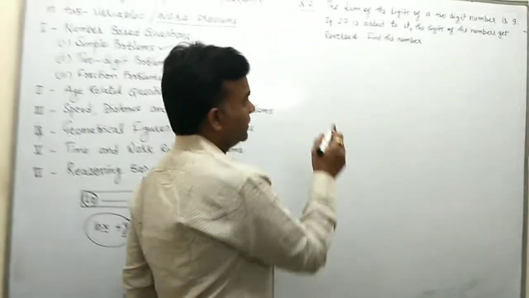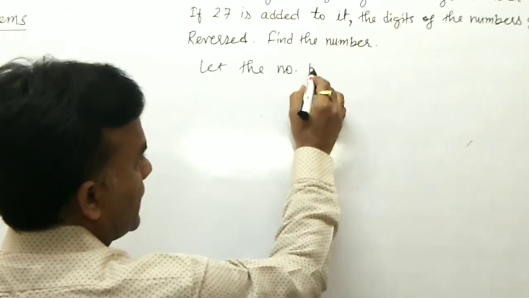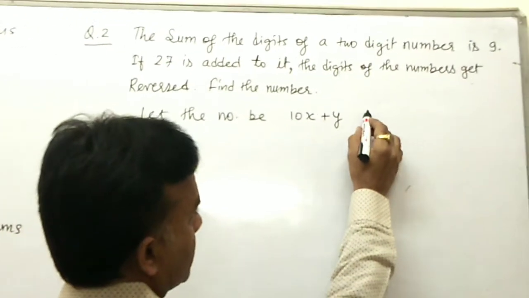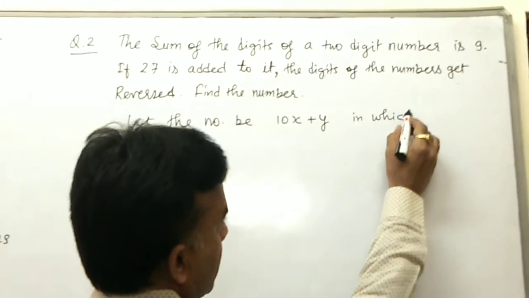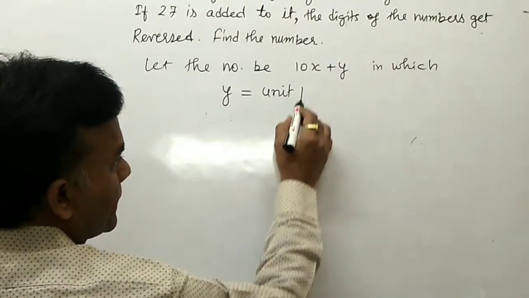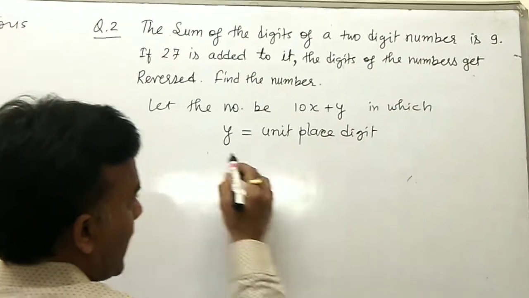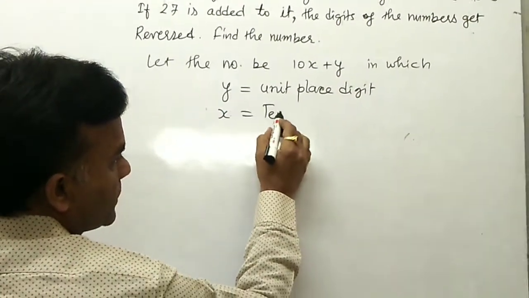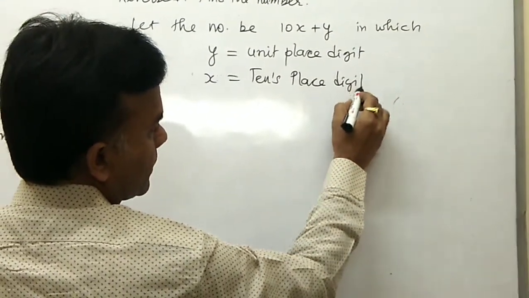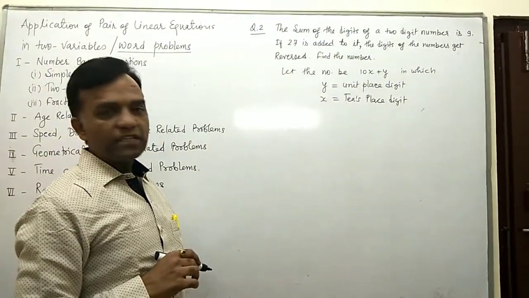So first we write down: let the number be 10x plus y, in which y is the unit place digit and x is the tens place digit. Okay, so y and x you consider as the unit place digit and tens place digit.